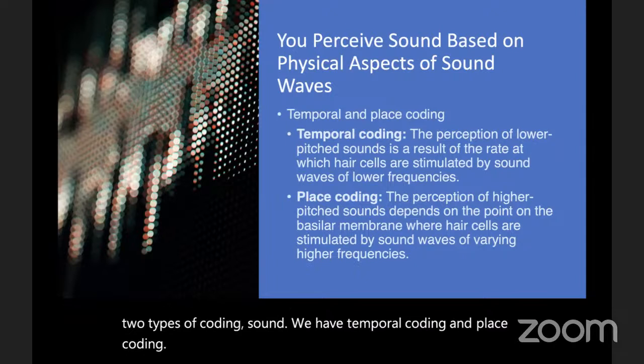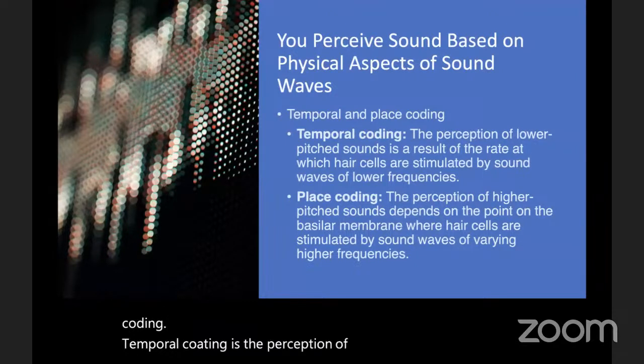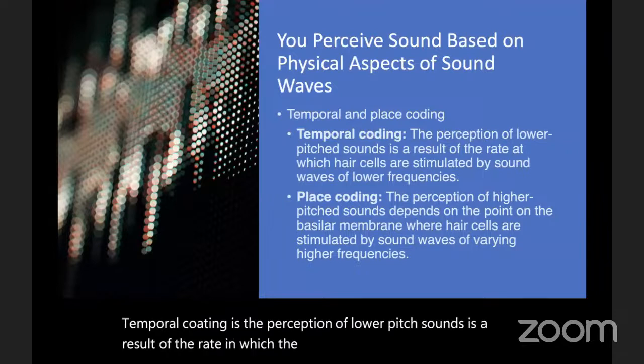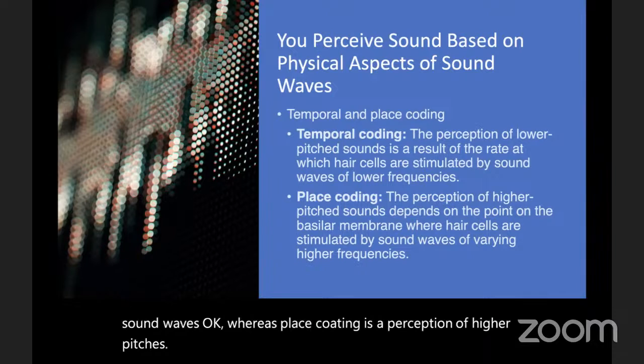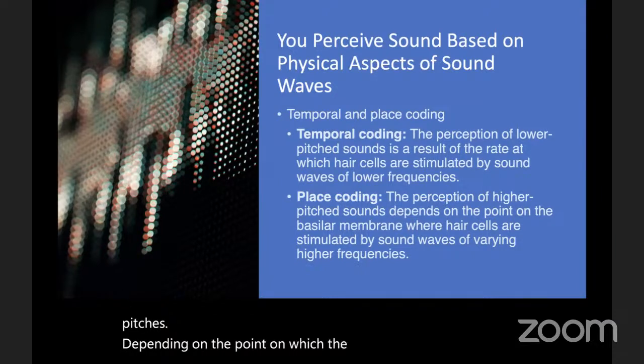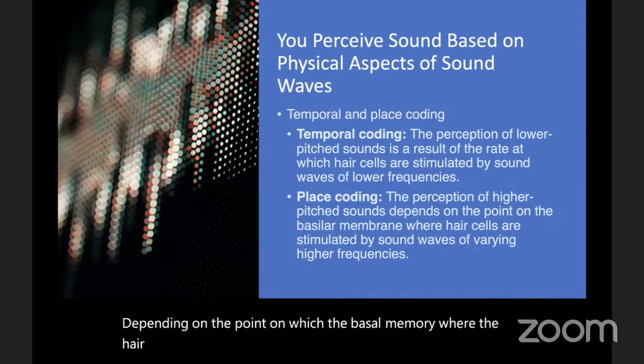Temporal coding is the perception of lower pitch sounds as a result of the rate at which the hair cells are stimulated by the sound waves, okay? Whereas place coding is the perception of higher pitches depending on the point on the basilar membrane where the hair cells are stimulated by sound waves at very high frequency.